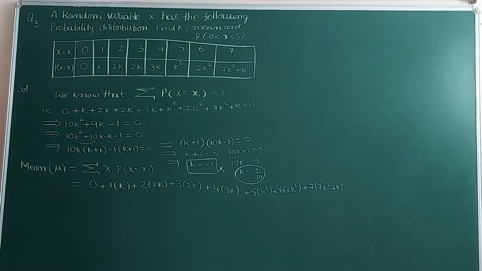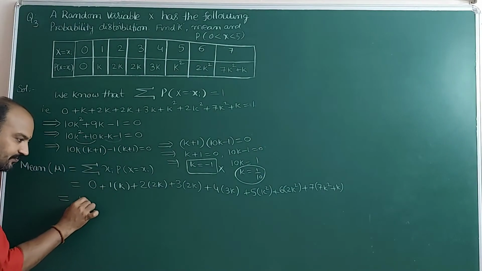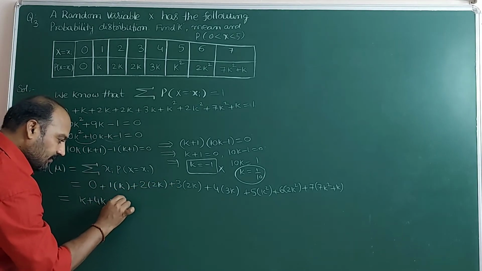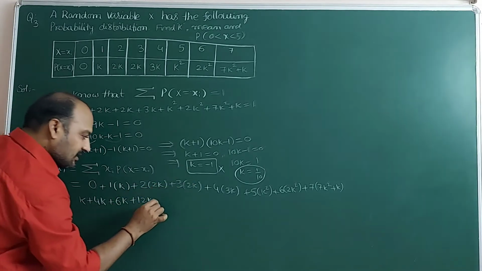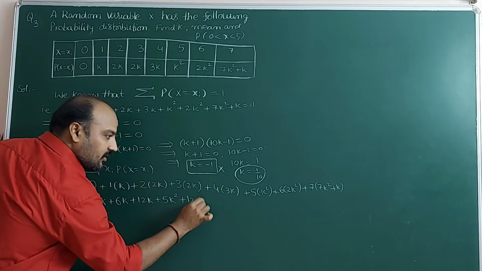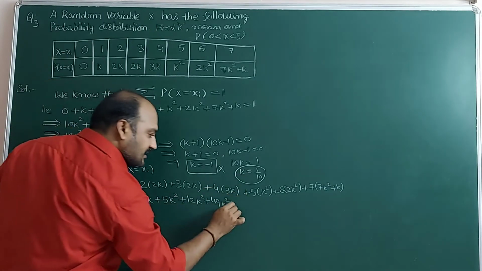That's all. Which is equal to 0, neglect, k plus 4k plus 6k plus 12k plus 5k square plus 12k square plus 49k square plus 7k.